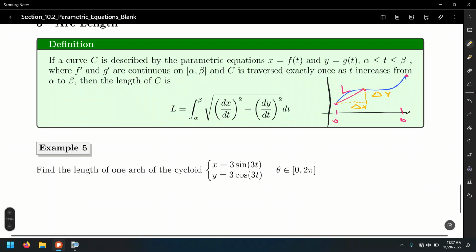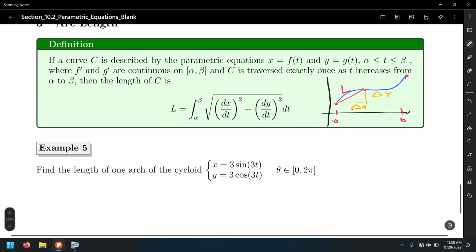The reason we're not going to do this algebraic mischief the same way we did with the other version of the arc length is that these parametric equations are governed by a third variable, t.